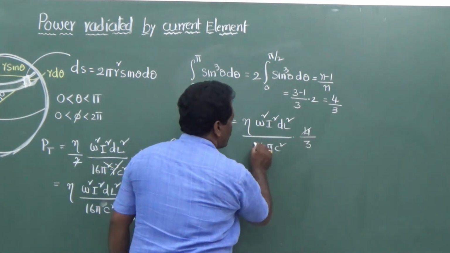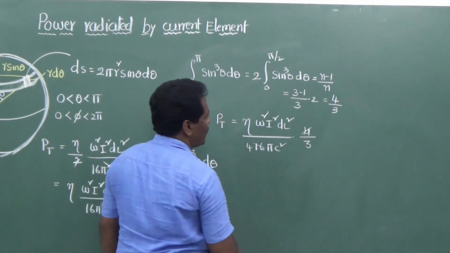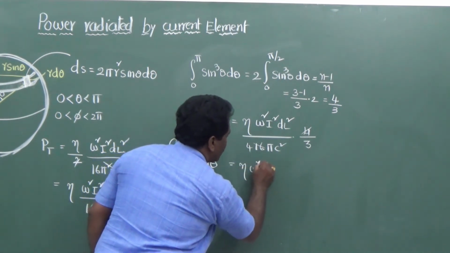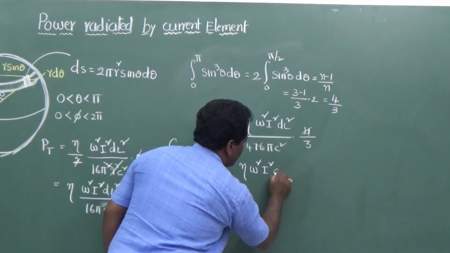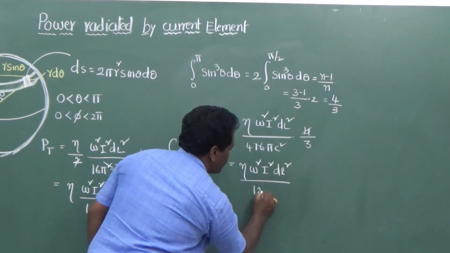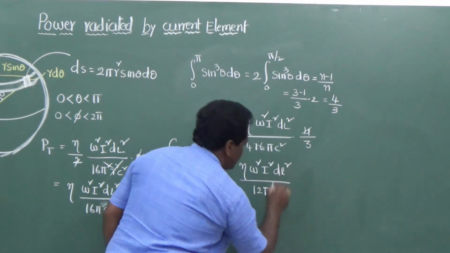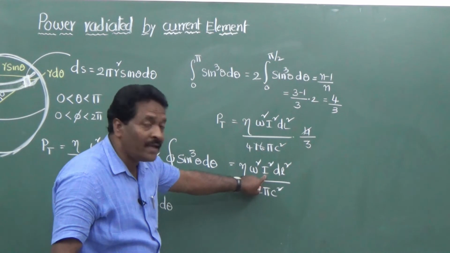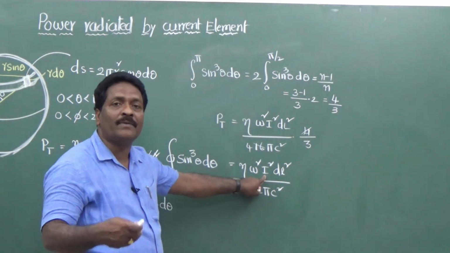Now 4 into 3 gives 12, so this is equal to eta omega square I square dl square divided by 12 pi c square. Now, what is this I? I is nothing but the maximum current.